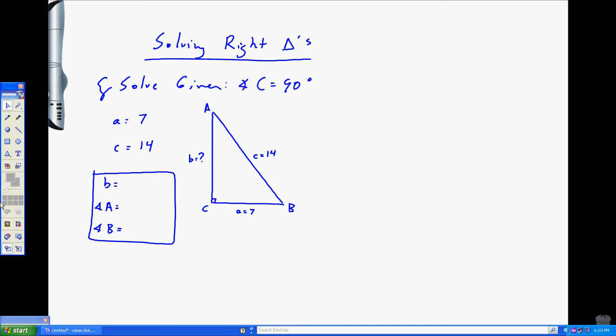You either start with the Pythagoras theorem or the 180-degree rule. You always start with one or the other. In this case, I've got two sides, so I know I can use Pythagoras. I can't do the 180 rule because I only know 90 degree, nothing else. I need to know at least two angles to do the 180 rule. So we're going to start with Pythagoras.